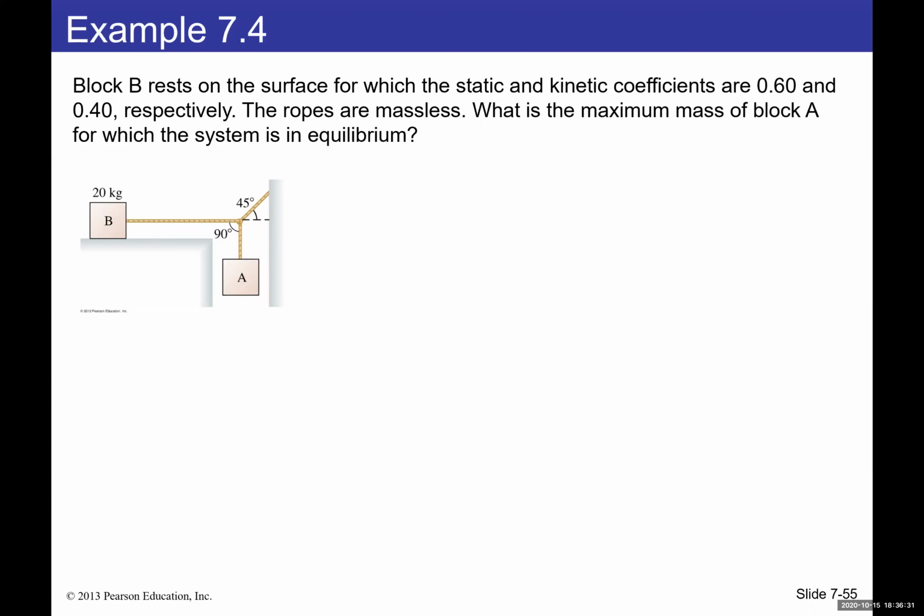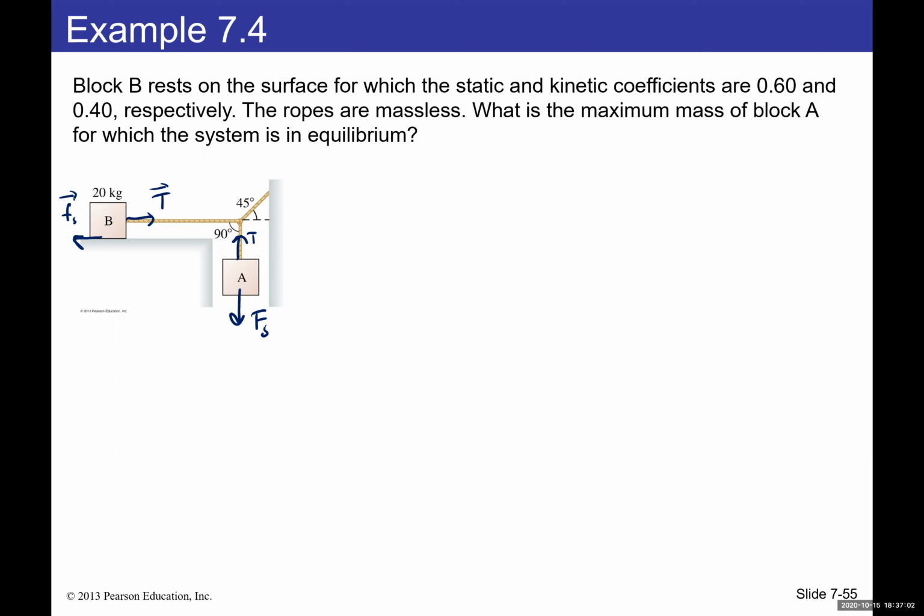What is the maximum mass of block A for which the system is in equilibrium? You can see the system is in equilibrium because block A has the gravitational force acting on it and then the tension, and the tension is the same as this tension. There is a static friction force that prevents this tension from making the system accelerate.